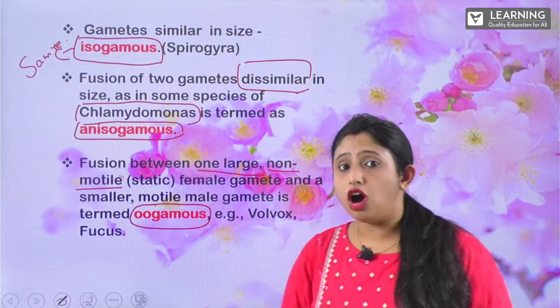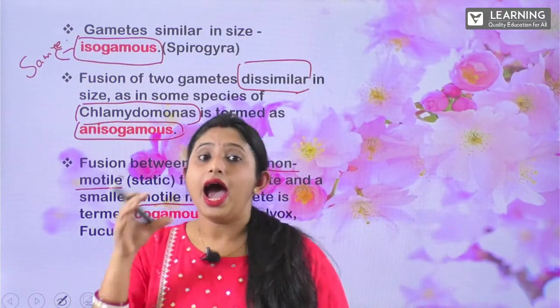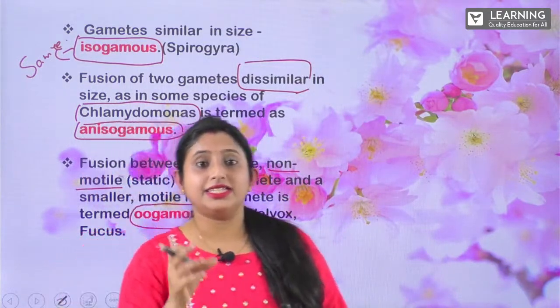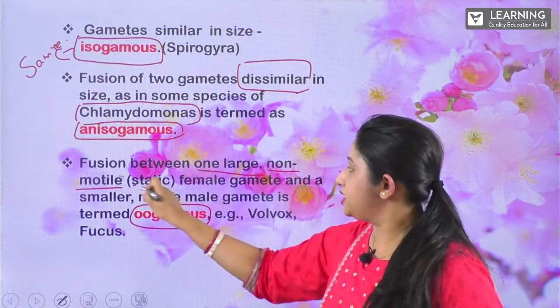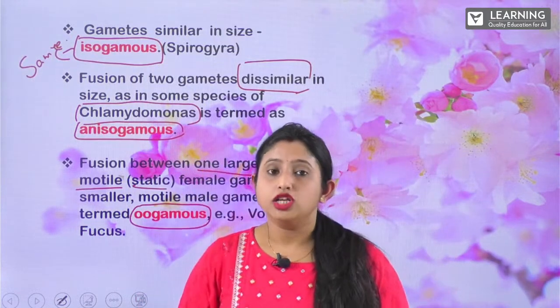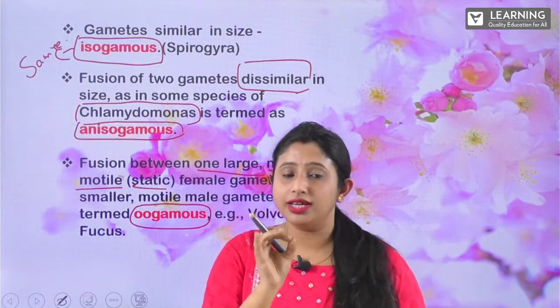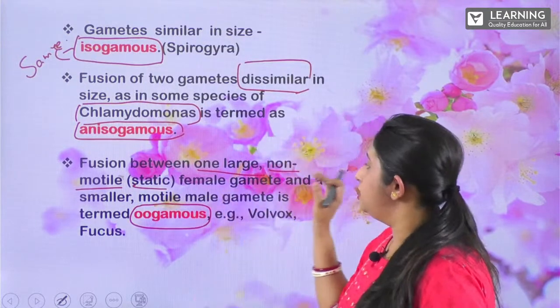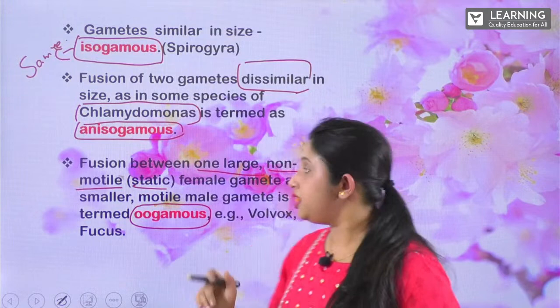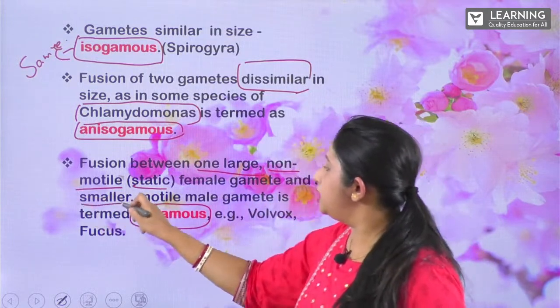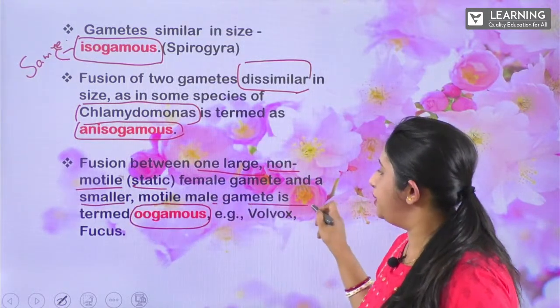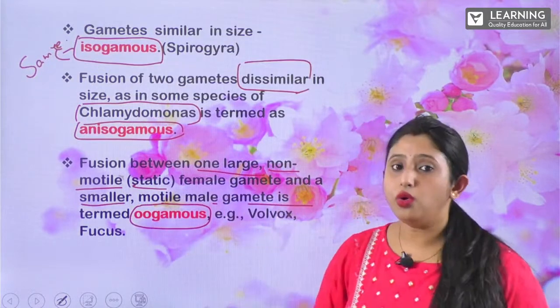What do you mean by non-motile? The gamete stays at a particular place, that is static, not moving. So the female gamete is large and non-motile.